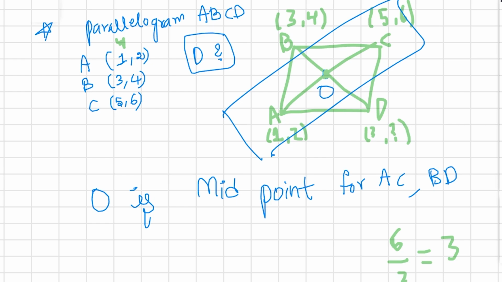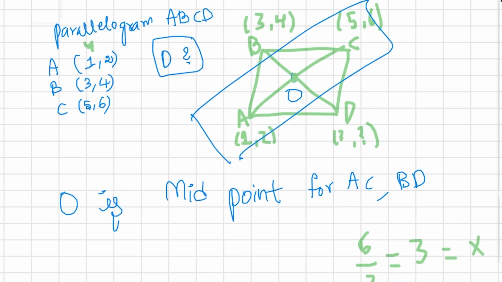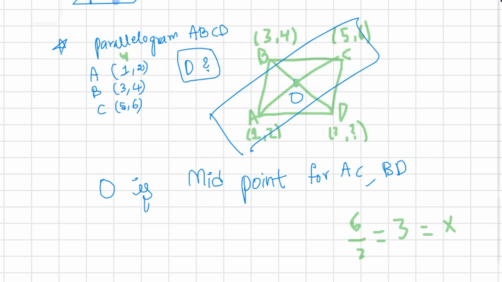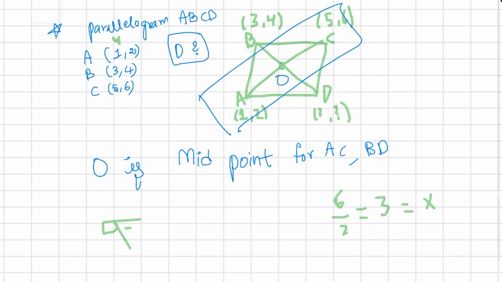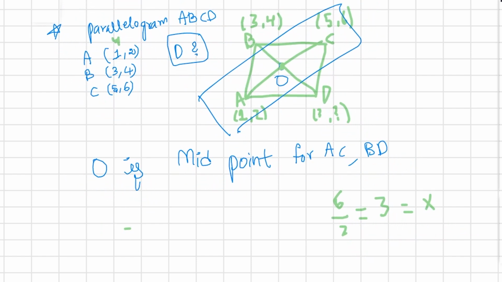So 3 is the x coordinate of AC. X coordinate of what point? Like both, it's a midpoint. Point O. Yeah. X coordinate of point O.